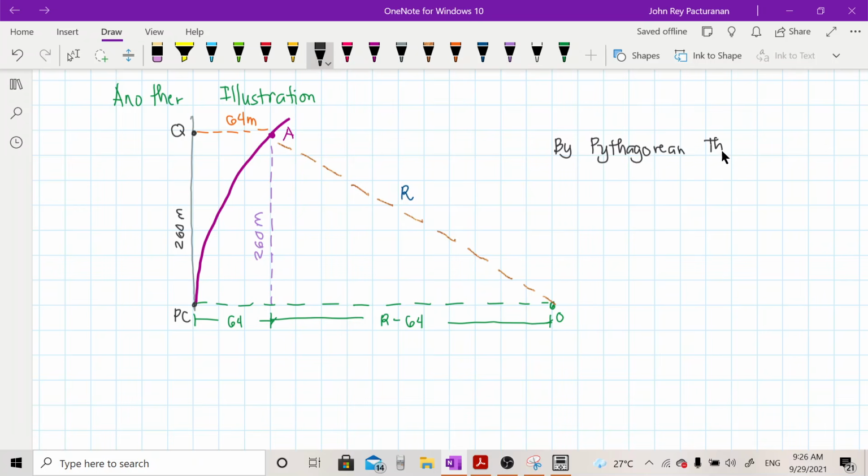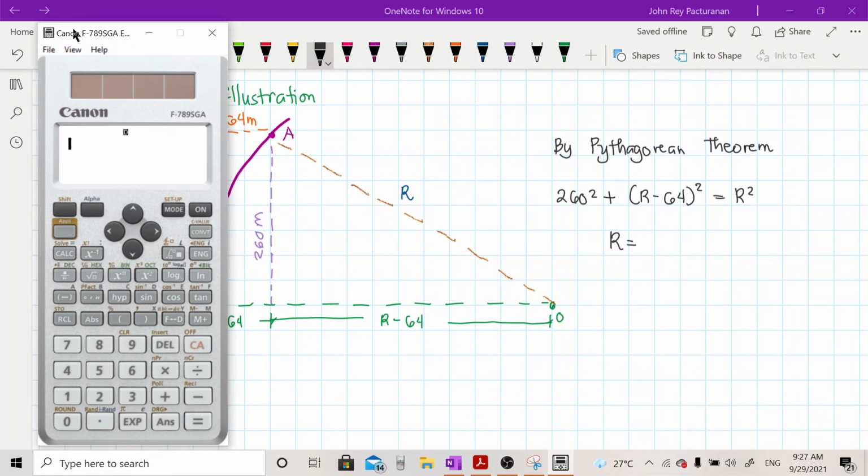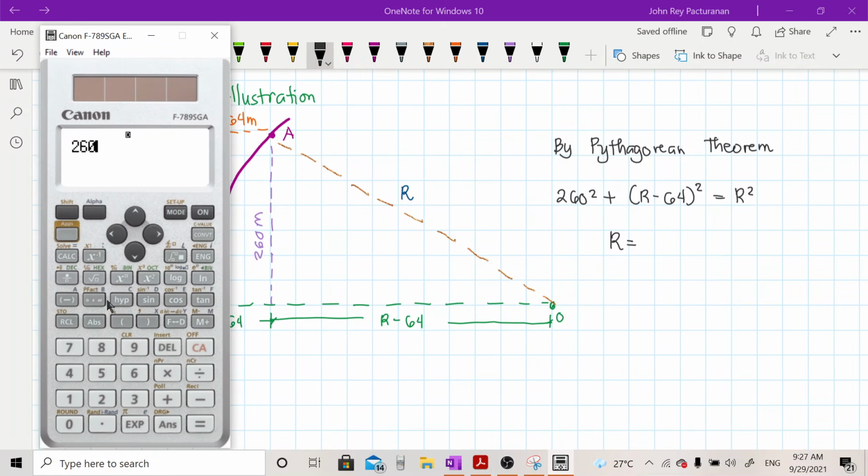So, ang dali lang naman pala nitong problem na 'to, 'no? Kaya nga minsan, mas maganda if exposed ka sa maraming figures. So, dito, gamitin natin yung Pythagorean theorem: 260 squared plus R minus 64 squared equals R squared. So, I believe you can simply perform shift solve here.